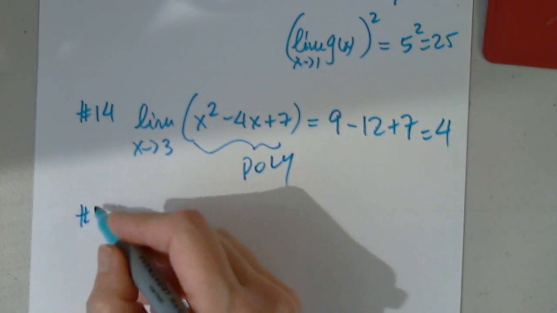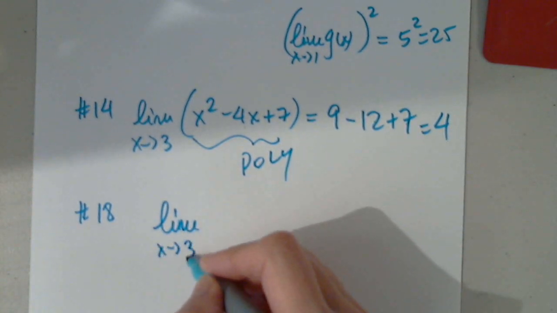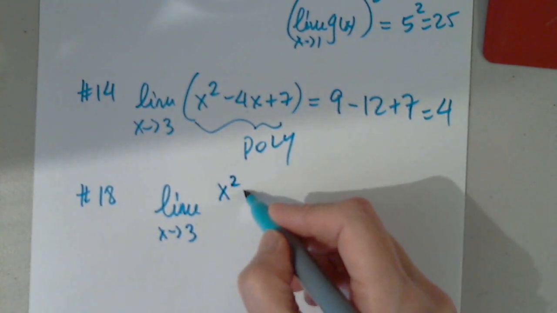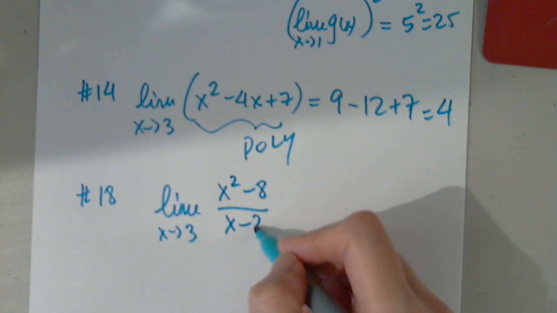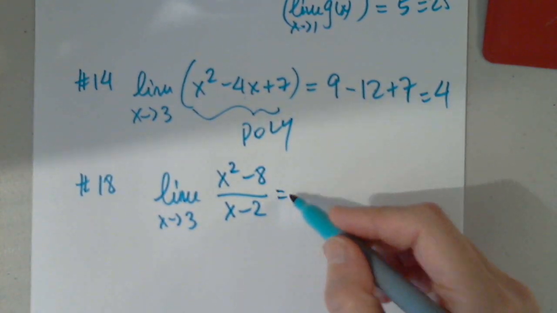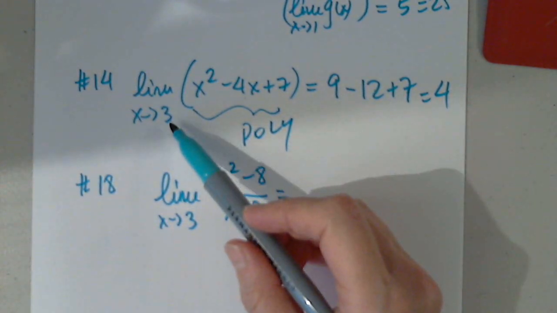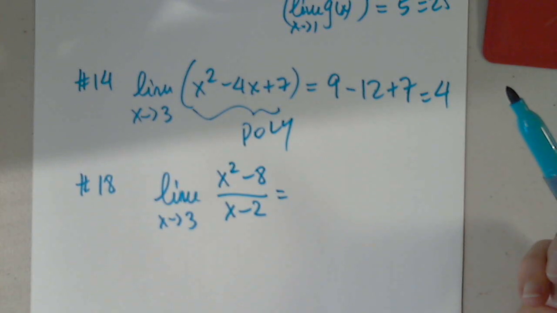The same thing with 18, which is the limit as x approaches 3 from either side of x squared minus 8 over x minus 2. I will plug it in. And moving forward, I want to say we will always plug it in to see the type of limit.